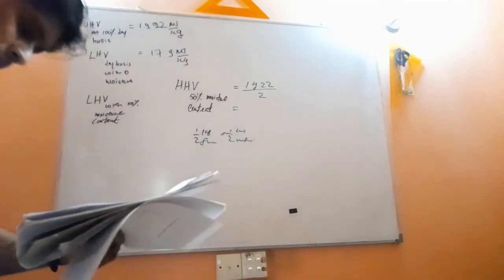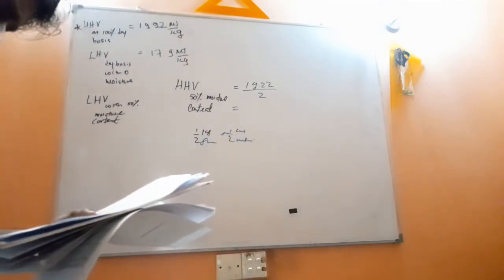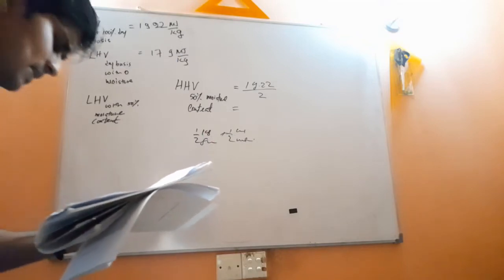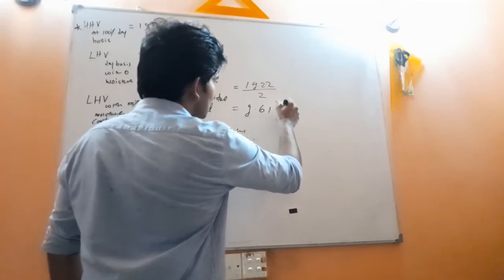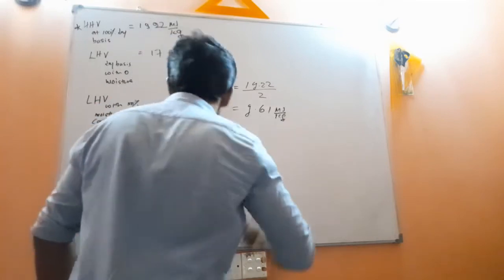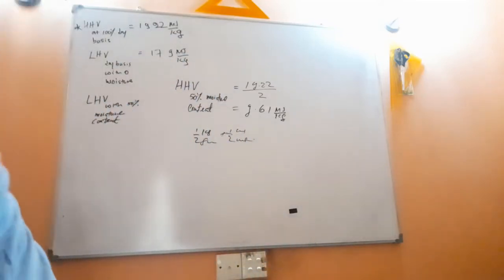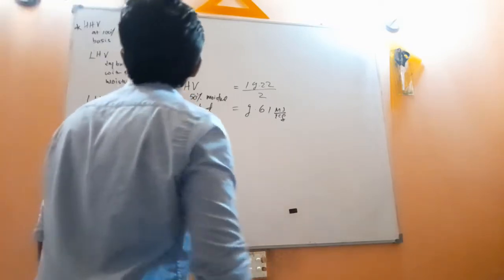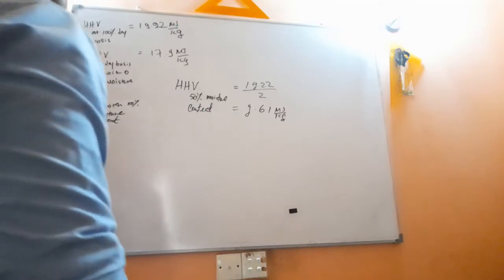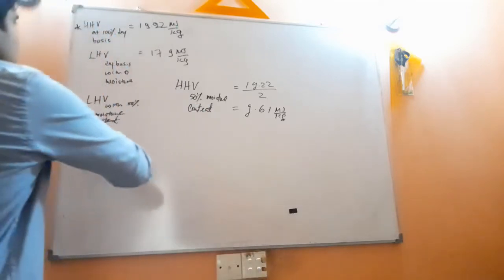The answer is 9.61 megajoules per kilogram. So that is also okay. Let's put a star.